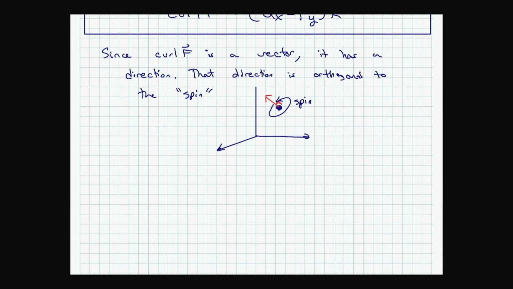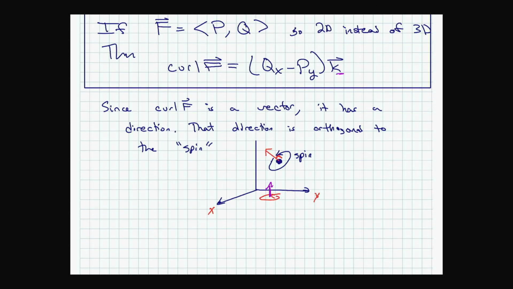Because like if you're in the XY plane, which is like if you have X and Y, right? If you're spinning in the XY plane, then what direction is orthogonal? The Z direction, right? Which is the direction that this is pointing in. So that's why the other components go to zero. If you're just stuck in the XY plane, then you're spinning in the XY plane, but like the axis of rotation is straight up or straight down.